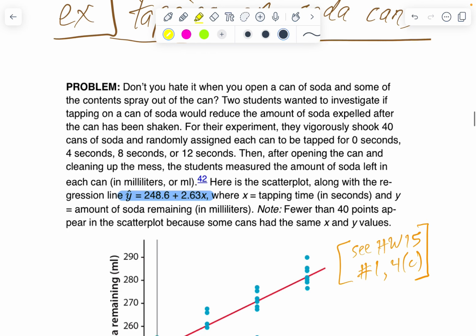They vigorously shook 40 cans of soda and randomly assigned each can to be tapped for 0, 4, 8, or 12 seconds. Then they opened the can and, cleaning up the mess, they measured the amount of soda left in each can, in milliliters.